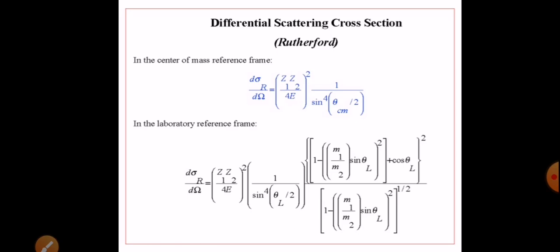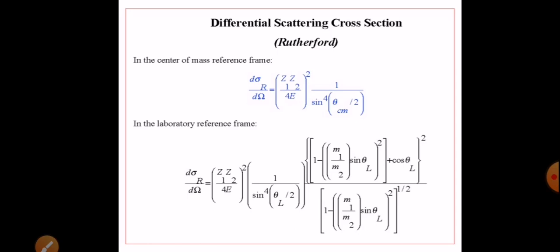Then, by finding the scattering cross section in the case of Rutherford scattering, you will get two types of equation. If the calculation is done in the center of mass frame, you will get the equation as given here, that is dσ/dΩ.